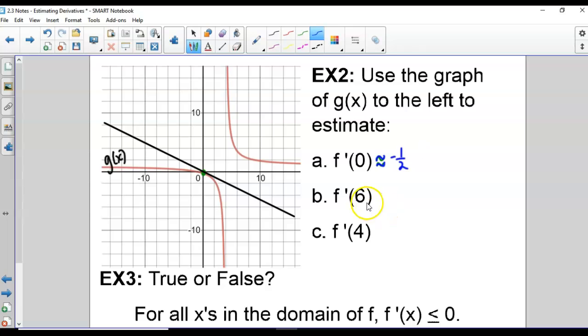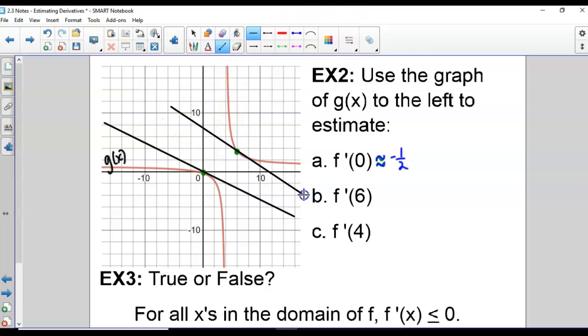Okay. At 6, let's see, these go by 2, so 2, 4, 6. 6 is right here. In this case, we don't have the equation, so we can't actually find anything. We're just guessing here.